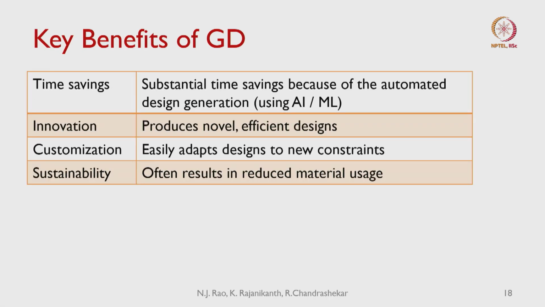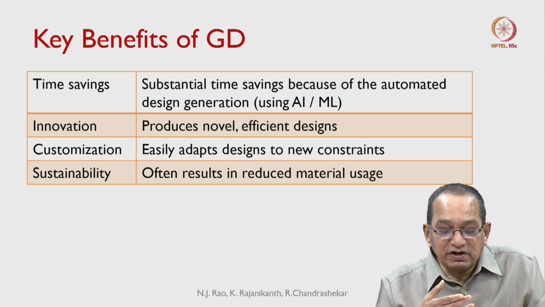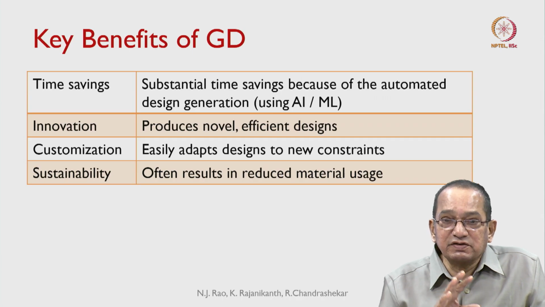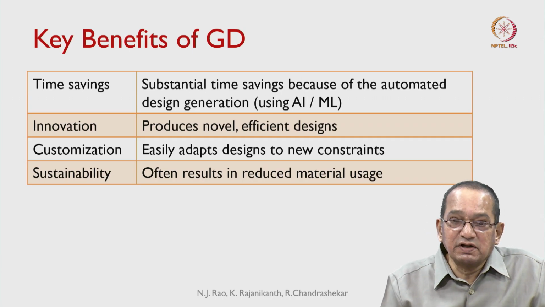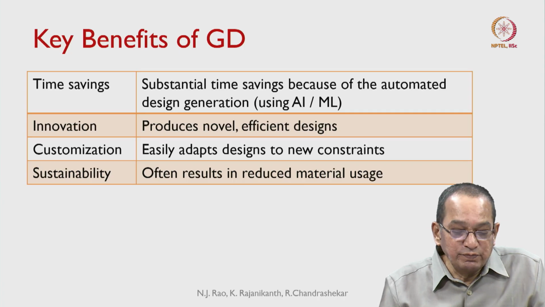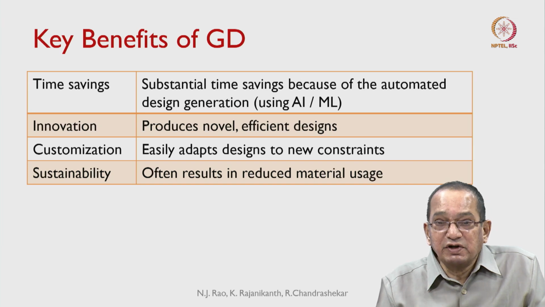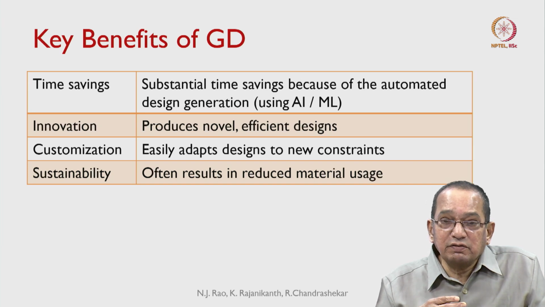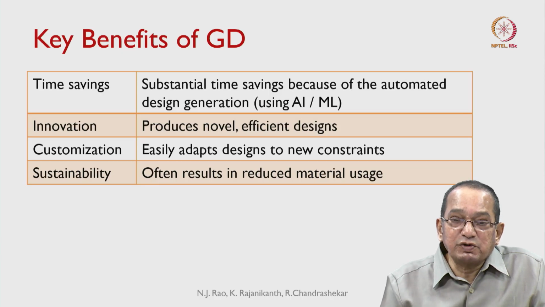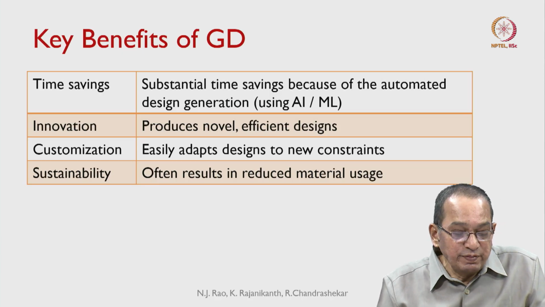What are the key benefits of such generative design thinking? The first and obvious benefit is substantial time savings because of the automated design generation. In many areas of the entire activity, a considerable amount of time is saved. Then innovation: they can produce novel efficient designs. Often human designers might not even be able to conceive of such possibilities, out of the box thinking ideas.